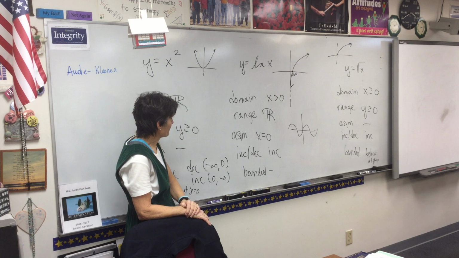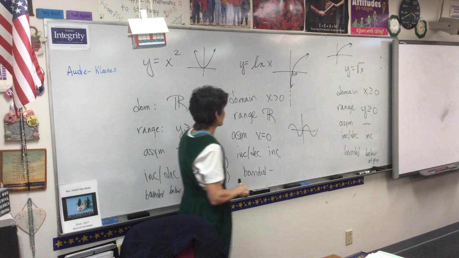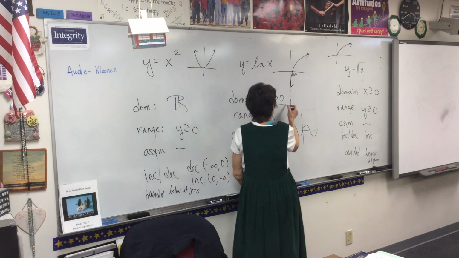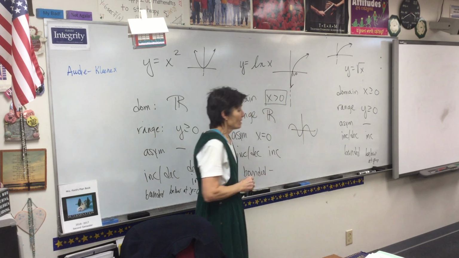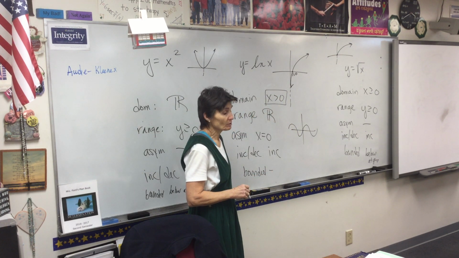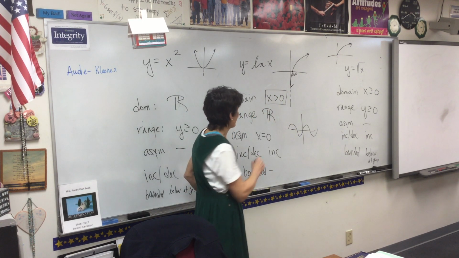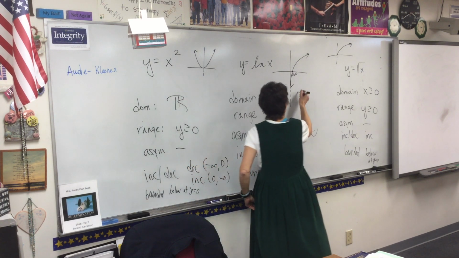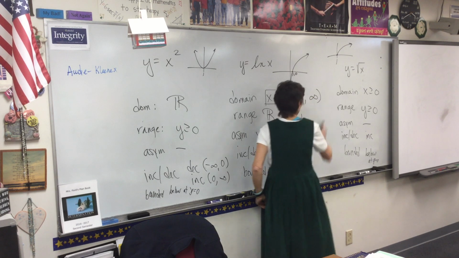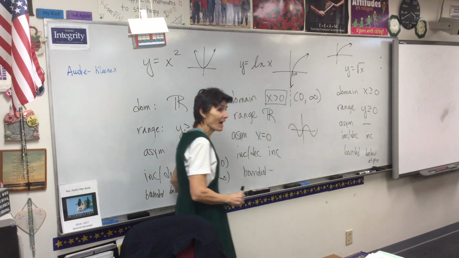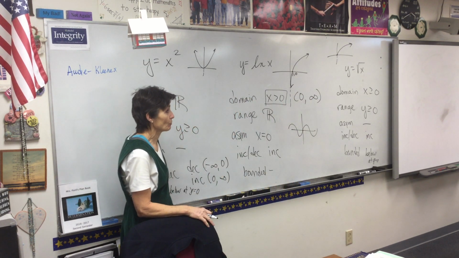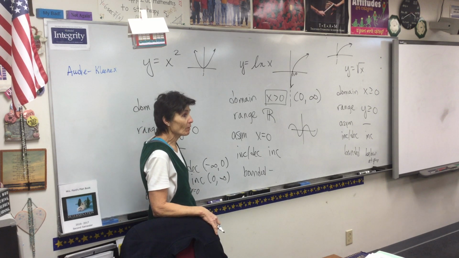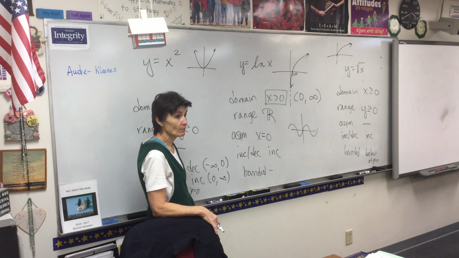Now, one more comment about this. When we say the domain is greater than 0, for example, remember, if this is a multiple choice question, that concept, x greater than 0, could also be written like this. You've got to be cognizant of interval notation. Remember, our exam is shared. A lot of the questions are shared.